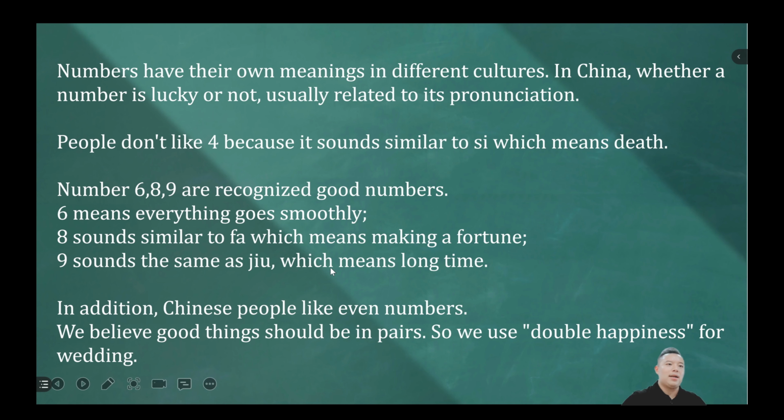However, 九 means long in Chinese, with different characters but the same pronunciation. For a very long time, 九. In addition, Chinese people like even numbers, because good things should come in pairs. So we use double happiness for weddings.